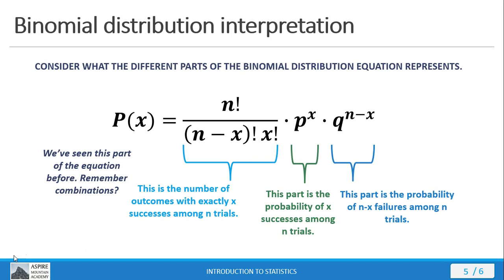We just subtract the number of successes from the total number of trials, and that gives us the total number of failures among our trials. And we're taking that probability of failure and raising it to the power of the number of failures among our trials. So these are the different parts of our binomial distribution. When we multiply them together, that gives us the probability of exactly x successes among n trials.